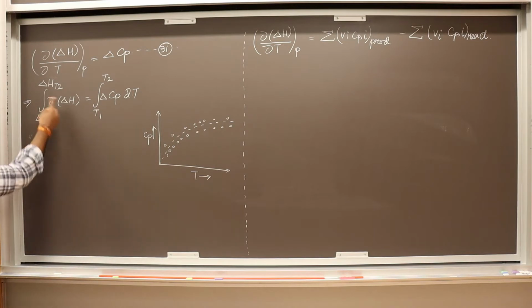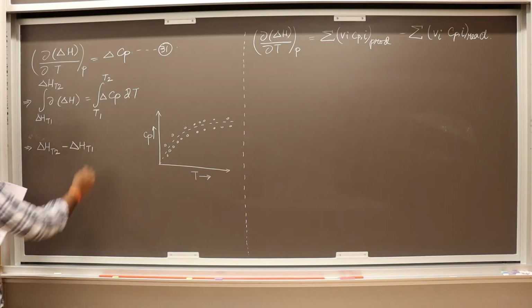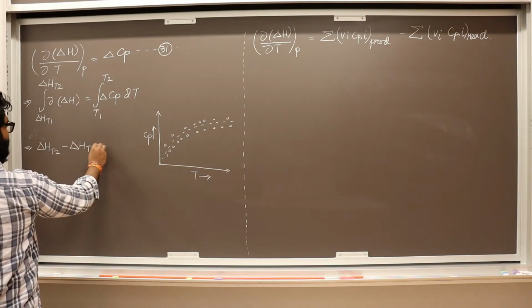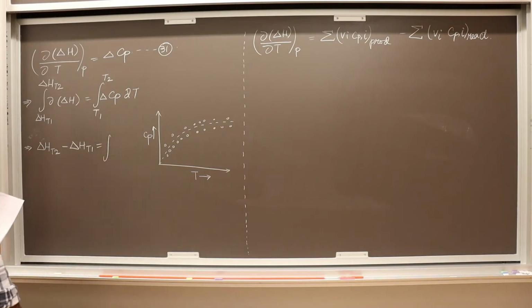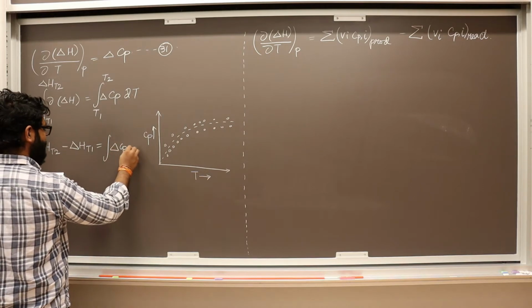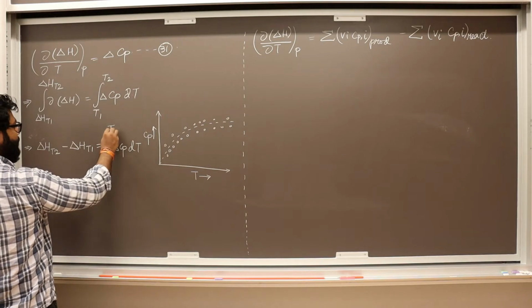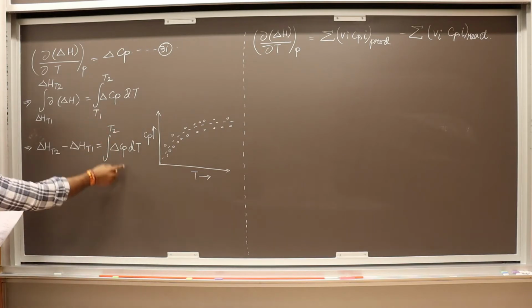It's simple. The integration in here will give you the delta H of T2 minus the delta H of T1. On this side, you get the integral of delta Cp dT from T1 to T2. So this remains the same.